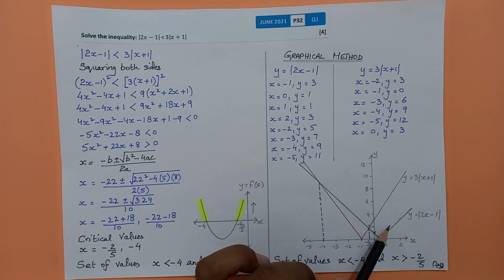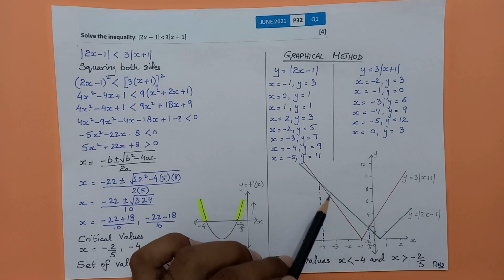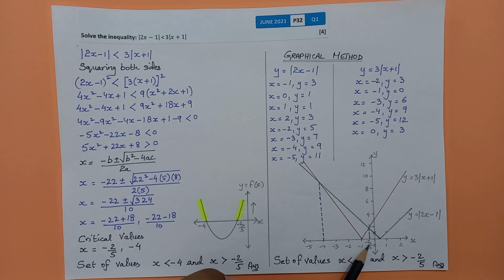As you can observe in the graph, both the linear graphs are intersecting at 2 points, and the 2 points are basically the same 2 points that we got over here, which are minus 2 upon 5 and negative 4.